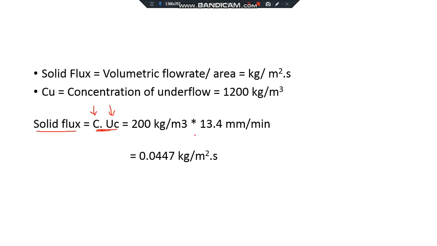The concentration is given in kg per meter cube and your velocity, if you have not changed the data, is in mm per minute. So convert this, either keep it in minutes or seconds, and make it meters. Keep the units consistent and finally you will get the answer. Accordingly, you have to find out the solid flux for all the data.